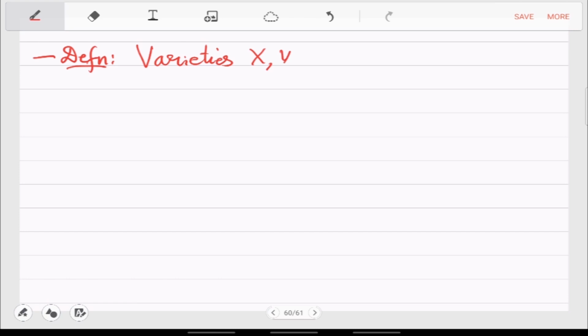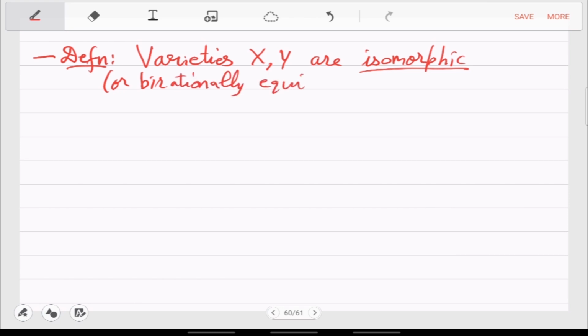So varieties X and Y are called isomorphic or birationally equivalent, that will be the correct term. So we'll call varieties X and Y BE if there is a rational map both ways.